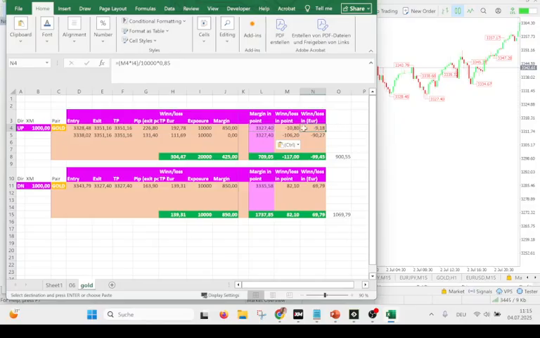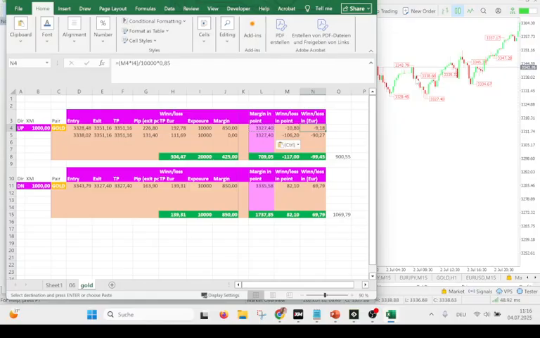You could have put target, stop loss 0. This is my favorite approach. When you enter a trade, you put take profit. Stop loss, not yet. Stop loss, you put it later. For example, you can put it when you're around here and you want to put the stop loss here.